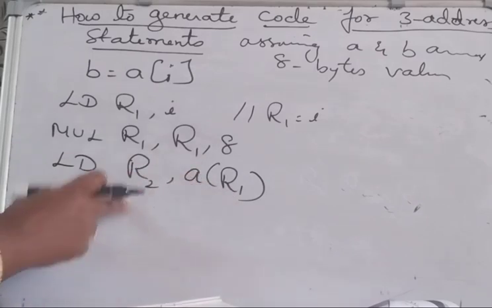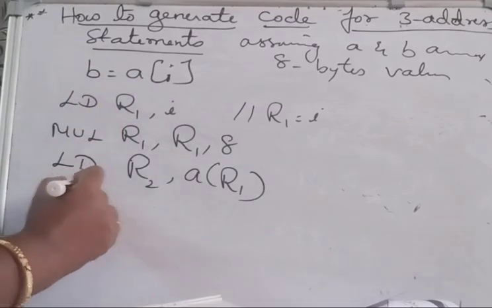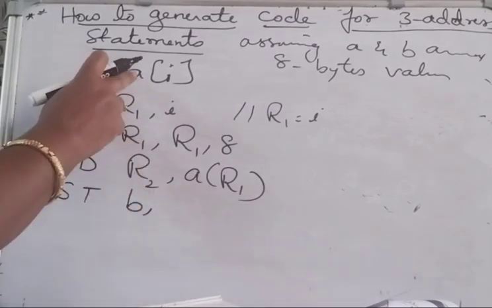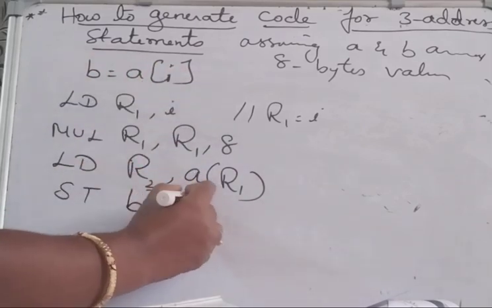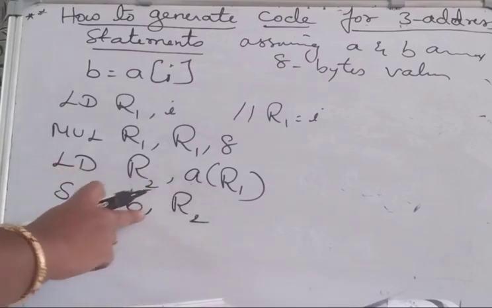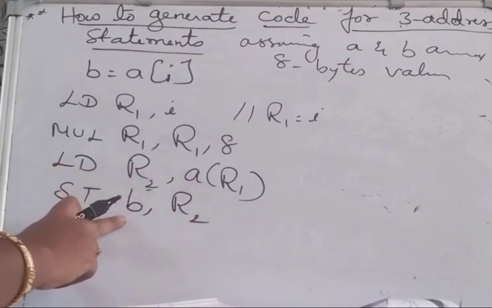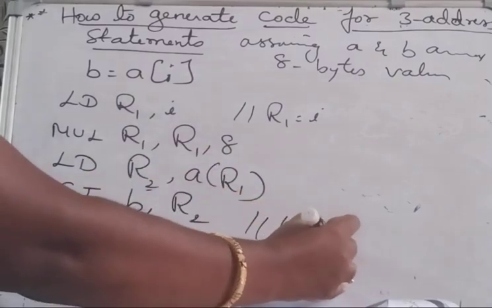Next, this is assigned to the variable b. So store b, r2. A[i] is stored in r2, so the contents of r2 will be copied to b. So here the meaning is b equals r2.